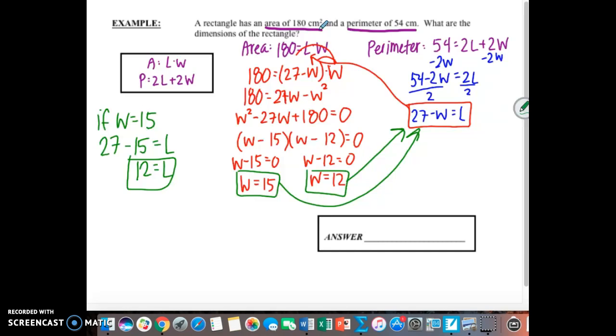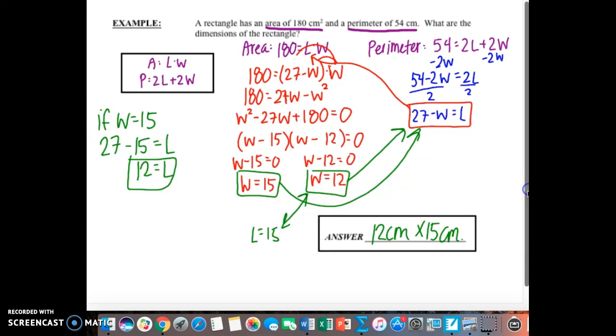And if the width equals 12, then the length would be 15. So either way, the dimensions of the rectangle are 12 by 15. So we can say 12 centimeters by 15 centimeters. The only way that our dimensions would be incorrect is if we ended up with a negative dimension.